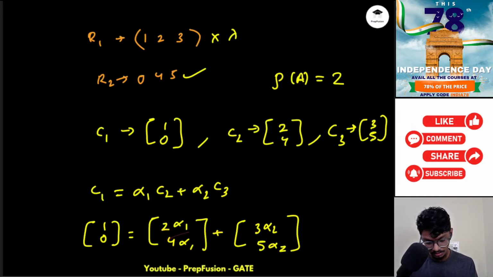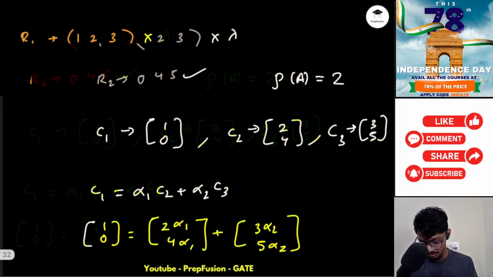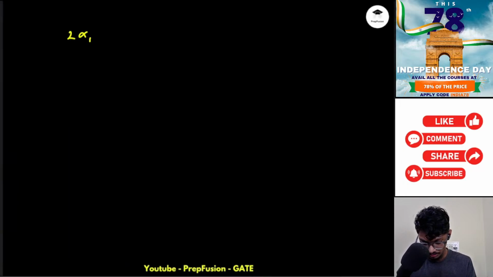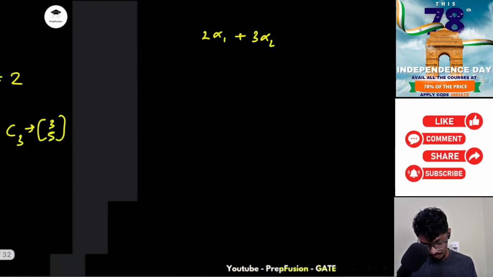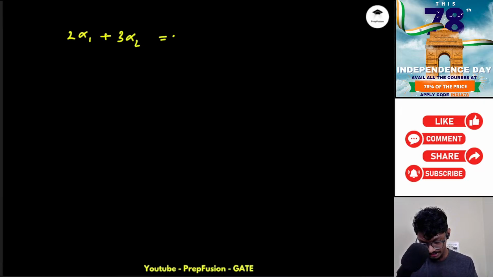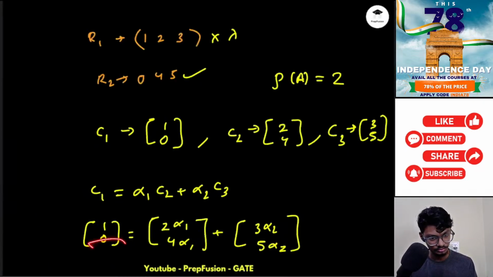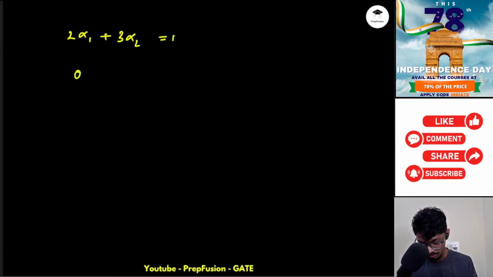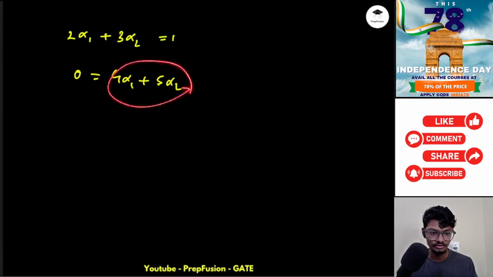So this is 2 alpha 1 plus 3 alpha 2, and this will be equal to 1. And the second row should be equal to 0, so 0 equals 4 alpha 1 plus 5 alpha 2. Now, are you getting valid values of alpha 1 and alpha 2? If you are getting valid values of alpha 1 and alpha 2, then whatever you have solved is correct.